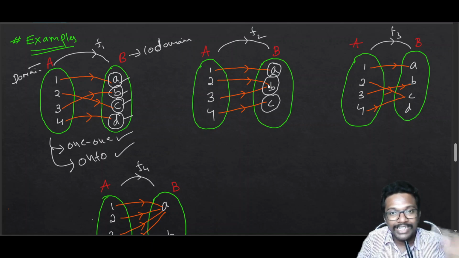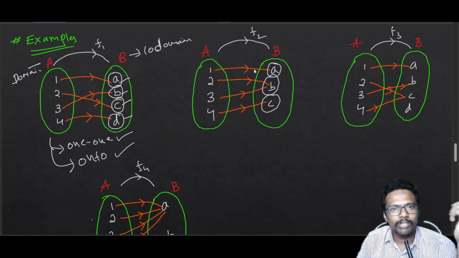The definition says every element of A has at least one preimage, but here B has two preimages, and that is no problem, because at least one preimage means there should be a minimum of one preimage. If there is more than one preimage, then there is no problem. At least one means one or more than one.